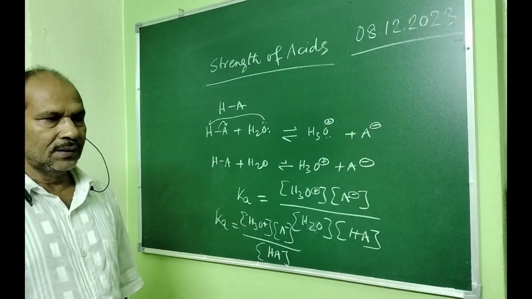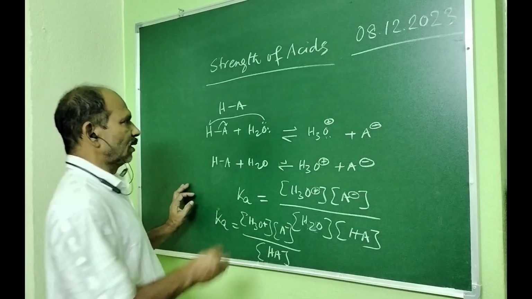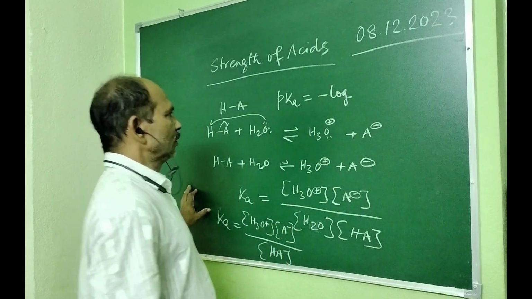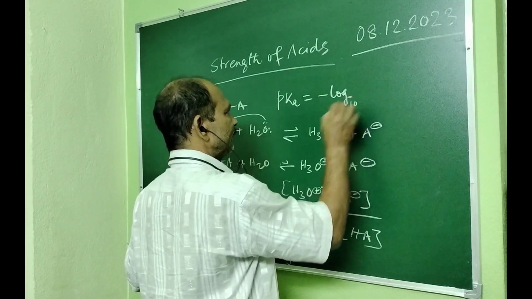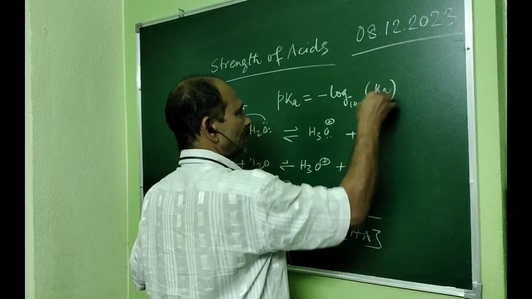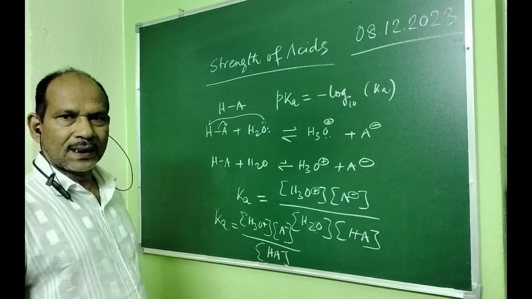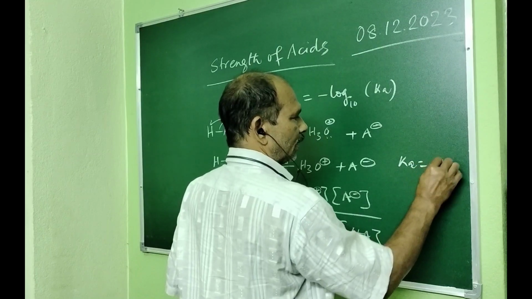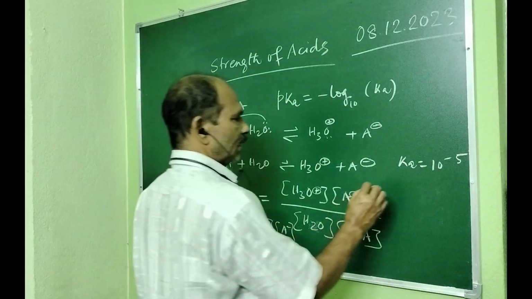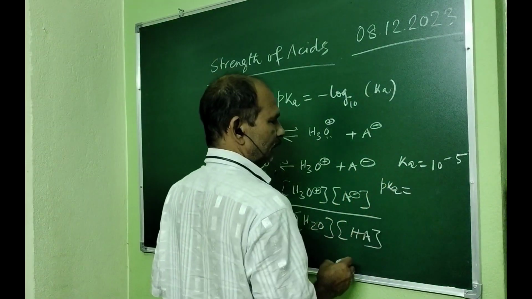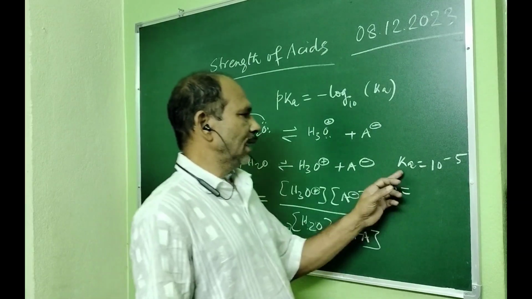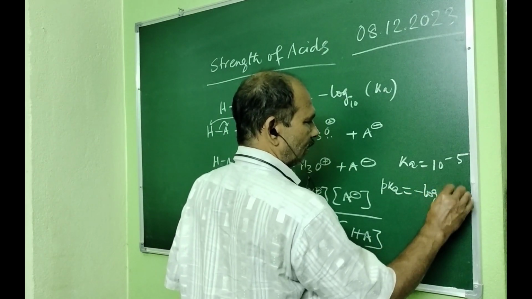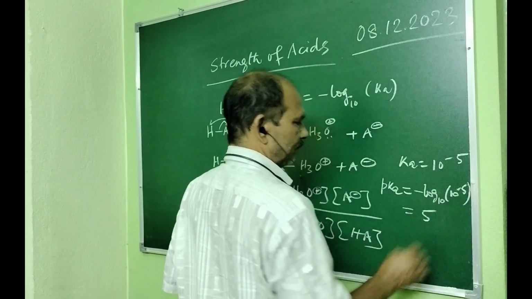We are about to use another term, that is pK. What is pK? pK means minus log to the base 10 of K. Suppose K is 10 to the power minus 5; then pK for that acid, whose Ka value is 10 to the power minus 5, is minus log to the base 10 of 10 to the power minus 5, that means 5.